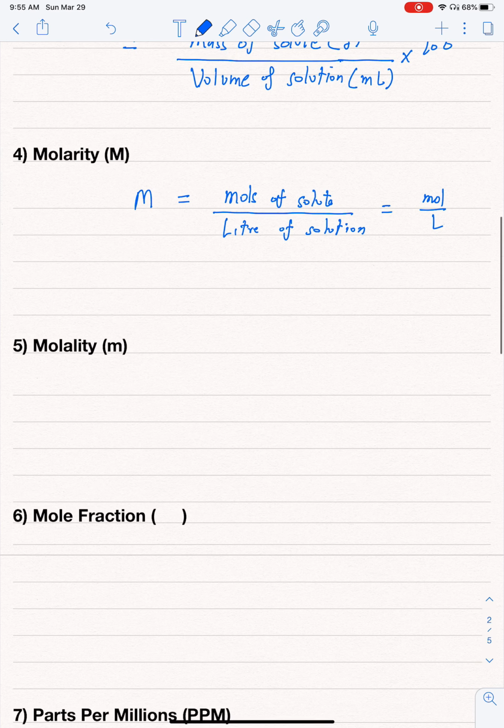The other way of measuring concentration is called molality. It's slightly different from molarity. The molality is going to be the moles of the solute divided by the kilograms of the solvent. I want to make sure that you see the difference here.